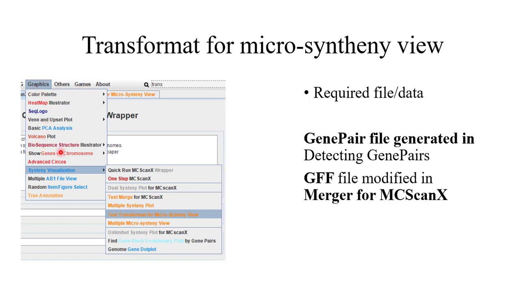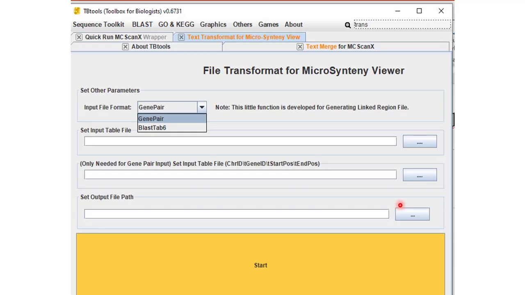The next step is the transformat for the micro-Synteny view. It is also available under the same graphics tab. You can access it, and the required files for it are the gene pair file, which is generated in the previous step, and the GFF file which is generated by the merger for MCScanX.